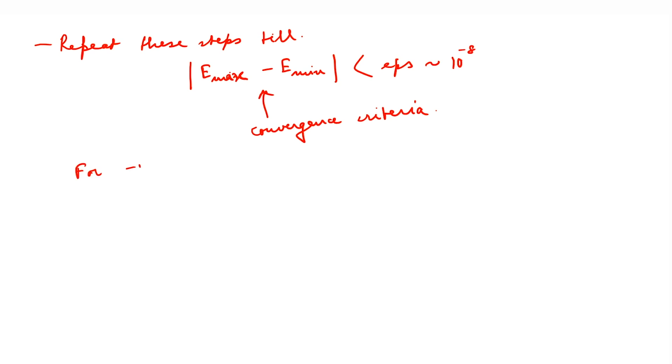For negative x, my wave function psi n at minus x becomes minus 1 to the power n psi x. So, if n is an even number, say 0, 2, then I get a symmetric wave function, and if n is an odd number, then I get an antisymmetric wave function.